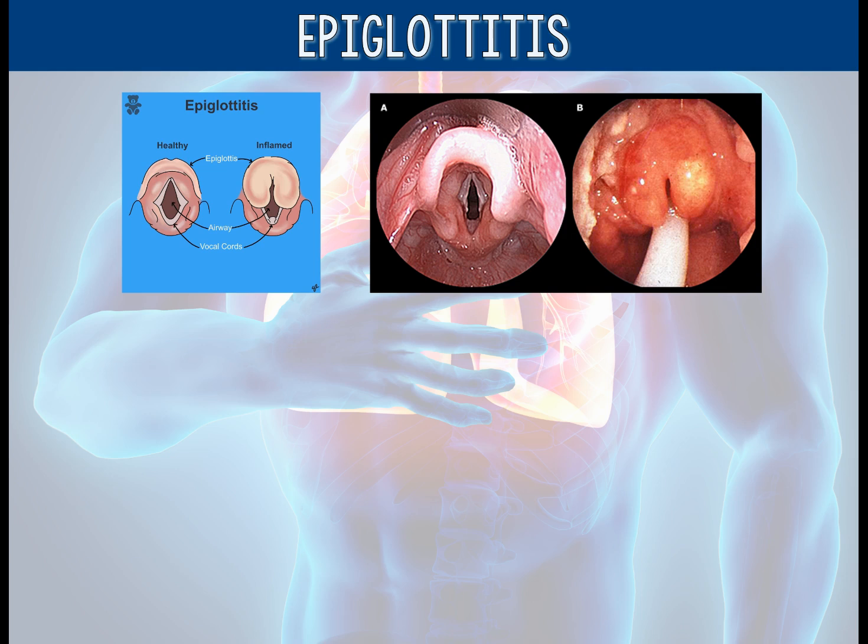Epiglottitis is a rapidly progressive cellulitis of the epiglottis and the adjacent soft tissue. With acute epiglottitis you'll have pain with swelling that seems to be disproportionate to pharyngeal findings. So usually they're salivating, they're not able to swallow their saliva.